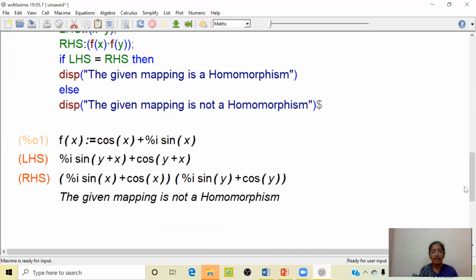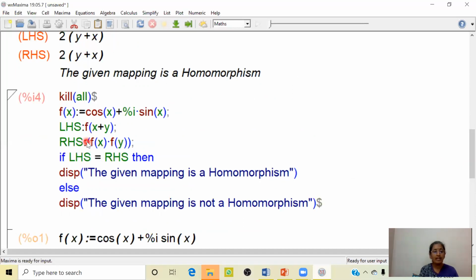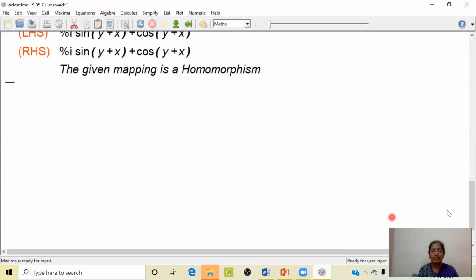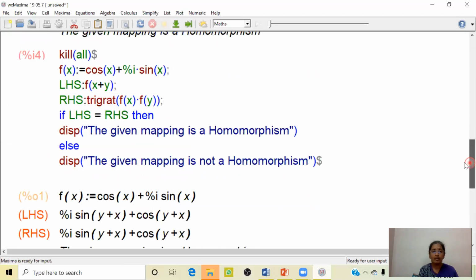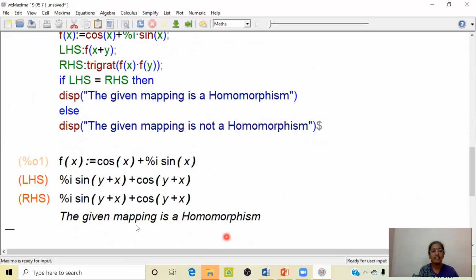Under that trigrat command, we can simplify. If we give the trigrat command and then execute it, now we can see that both the left hand side and right hand side outputs are one and the same. Therefore, the given mapping is a homomorphism.